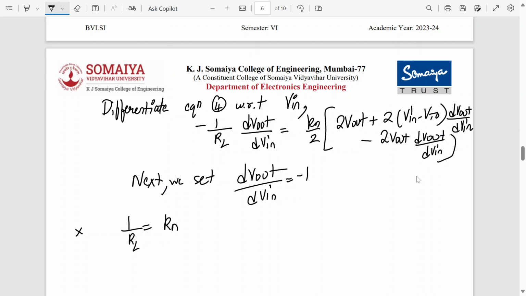So you have Kn into this term. We are considering dV out by dV in, right? dV out by dV in is over here. So Kn into twice V out plus V in minus VTO. You can check this V in minus VTO.